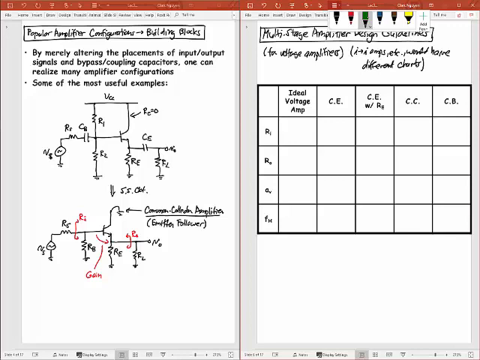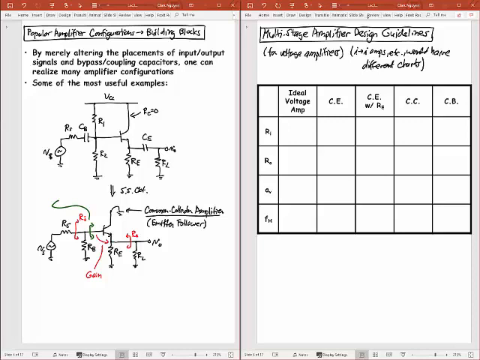If I take a look at the input resistance for this, what I'm really interested in is that R_I, but say the biasing is going to be big. The RBs are usually pretty big, right? But what's the resistance looking into the base of a common collector amplifier?